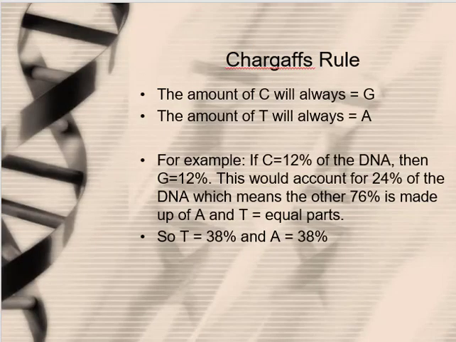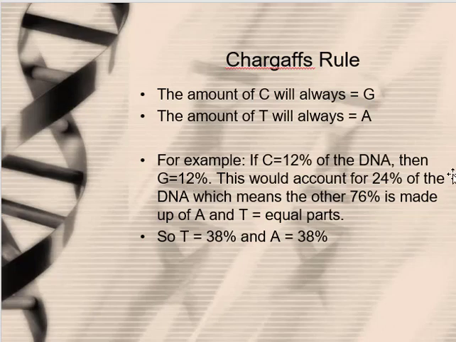Chargaff's rule: the amount of C will always equal G and the amount of T will always equal A. For example, if C equals 12% of the DNA, then because G always goes with C, that's cytosine and guanine, guanine will always be 12%.